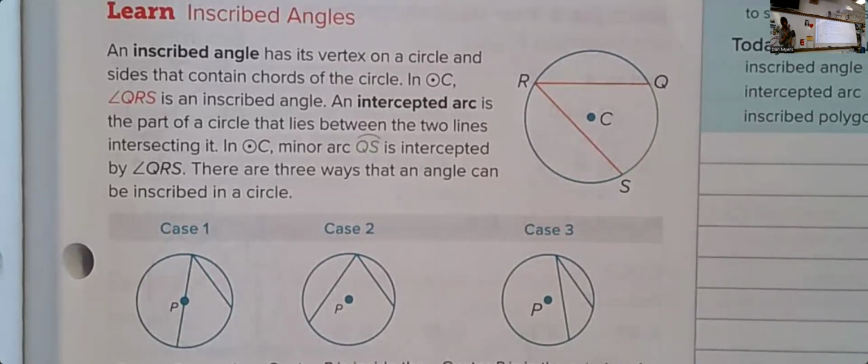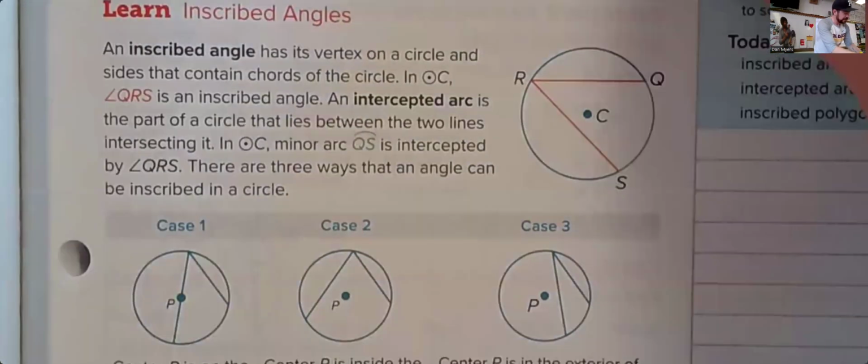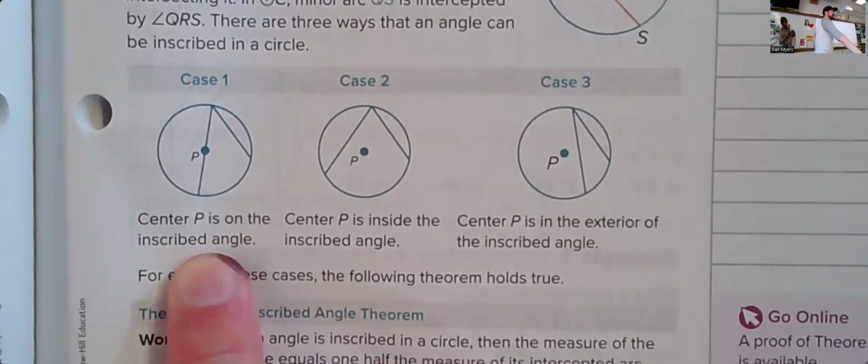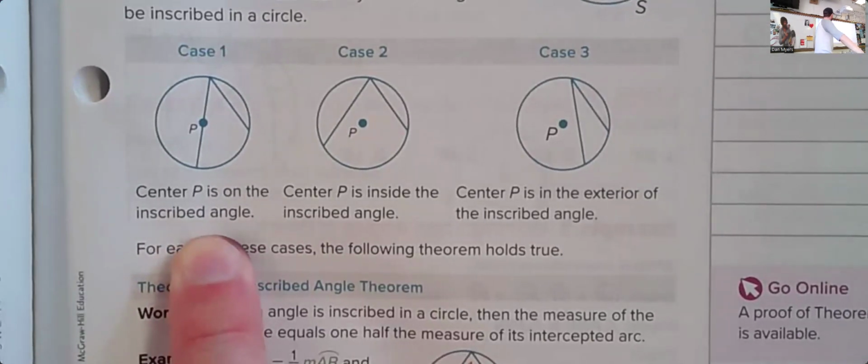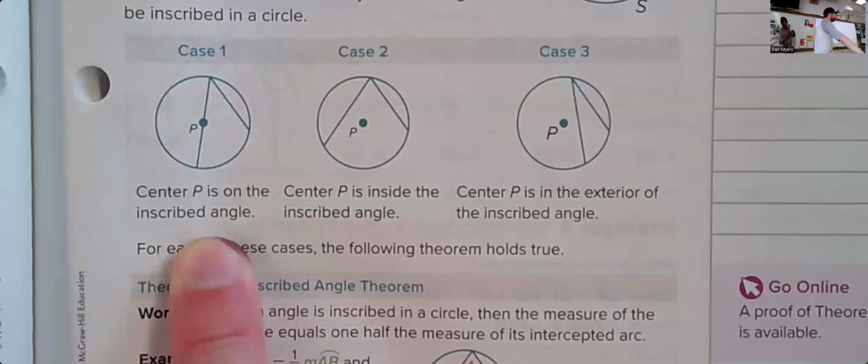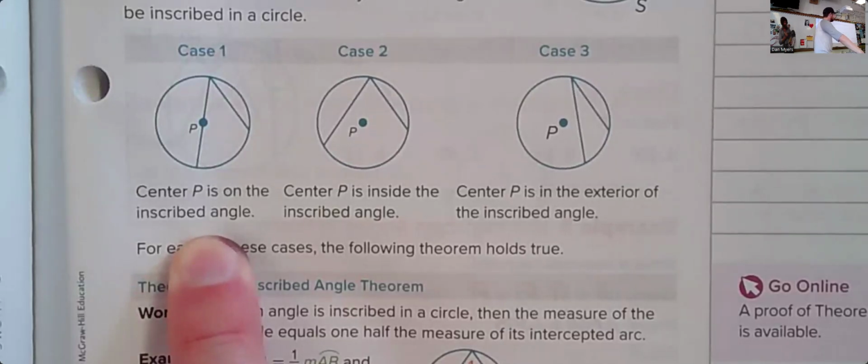There are 3 ways that an angle can be inscribed in a circle. 3 cases here. Case number 1. Listen up. Center P is on the inscribed angle. That is a possibility, which means that one of the sides of the angle is the diameter.